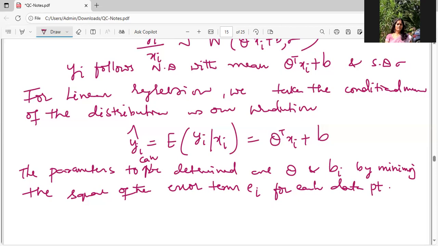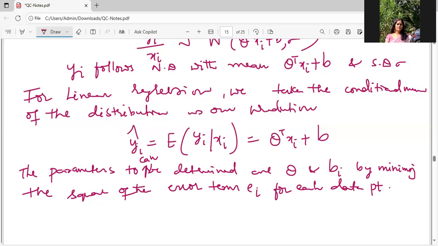So what we do is, as I was mentioning, for ease of notation, we consume the bias term b as a parameter within the theta parameter vector corresponding to the constant feature of 1.